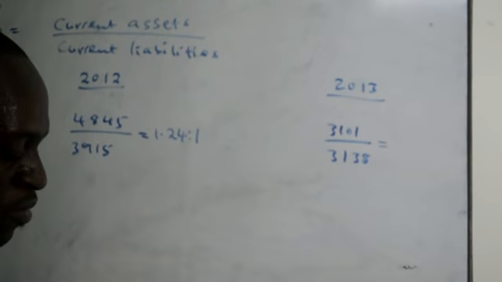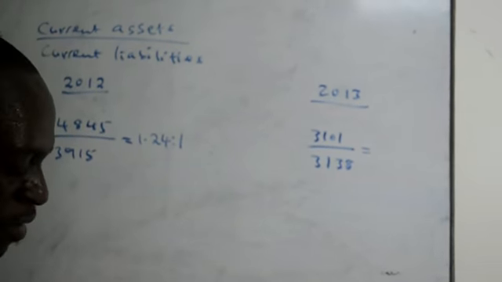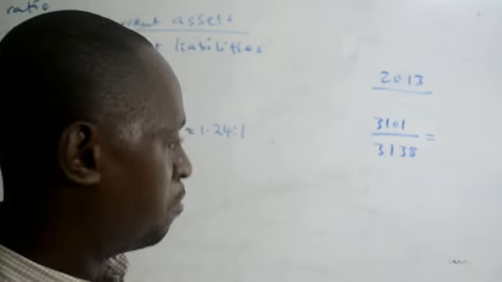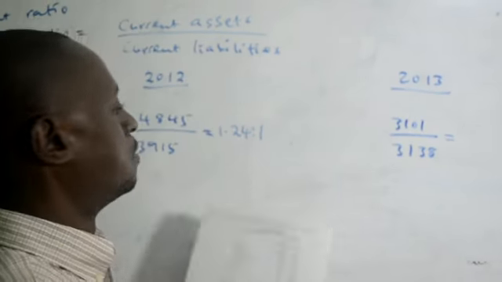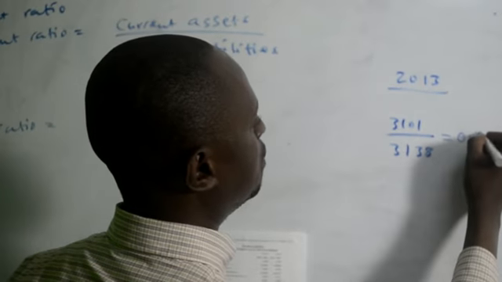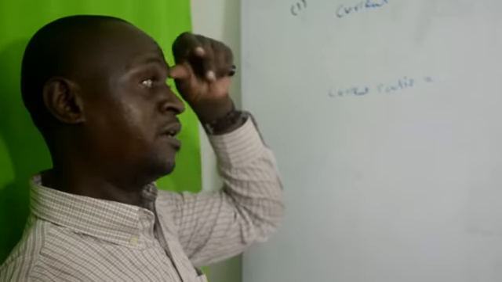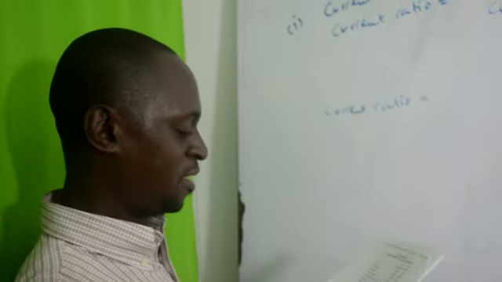So 3101 divided by 3138 gives us we can say 0.99. So you can have it as 0.99 is to 1. So that is the current ratio for the year 2013.